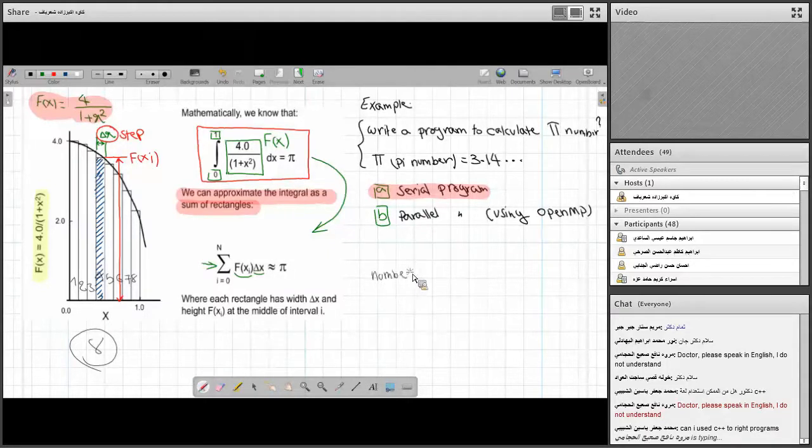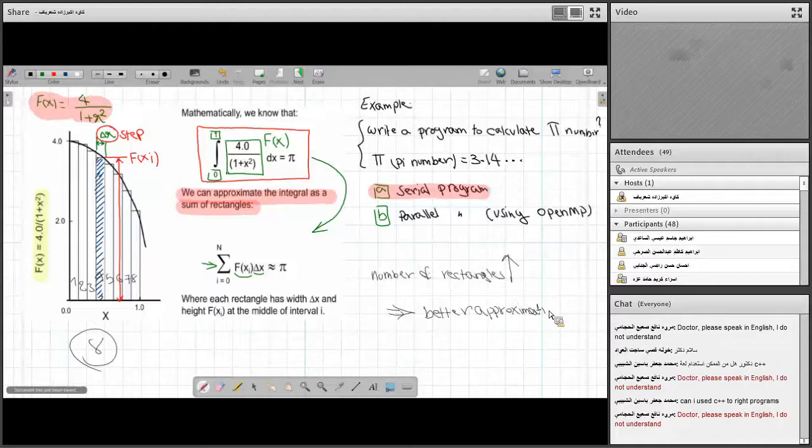Increasing the number of rectangles results in better approximation.